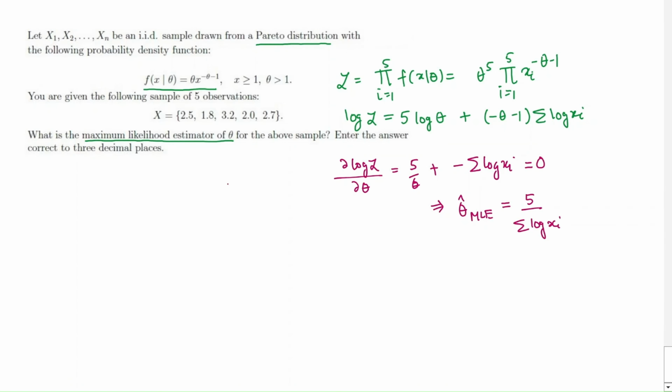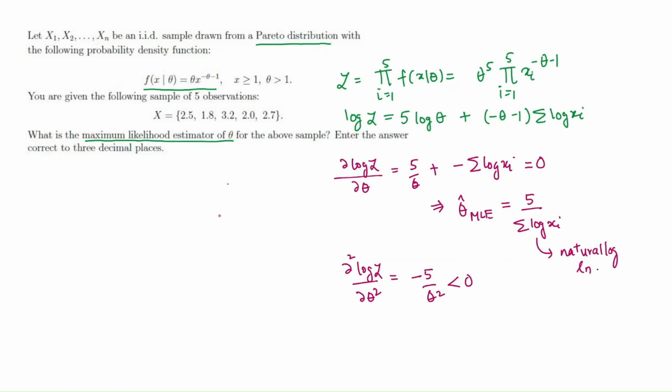And here notice that log is the natural log, or typically people write it as ln instead of log. One more thing that you have to check is that you need to take the double derivative, and you can see that the double derivative is minus 5 by theta square, and this particular value is always negative, and this ensures that theta hat MLE actually maximizes this function and not minimizes it.